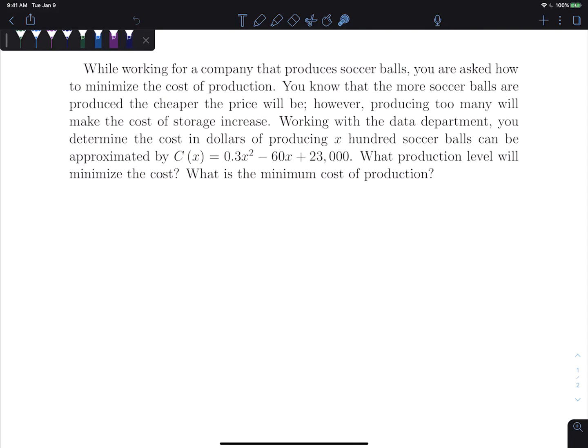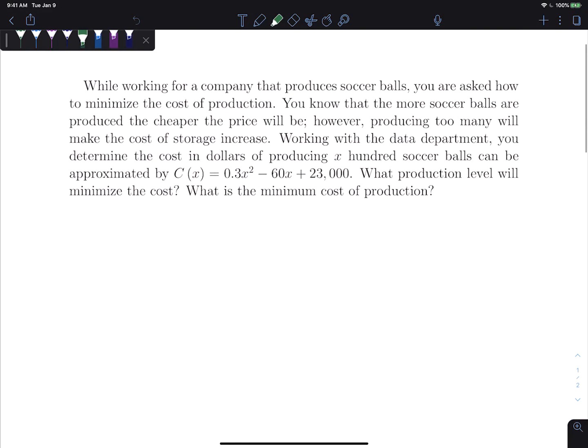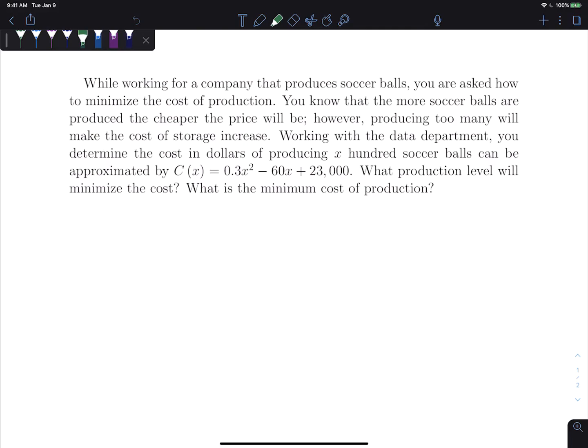Okay, so there are a few things in here that we need to be a little bit careful of. First of all, let's look at the definition of the variables. We have the cost in dollars, and then we also have x hundred soccer balls.